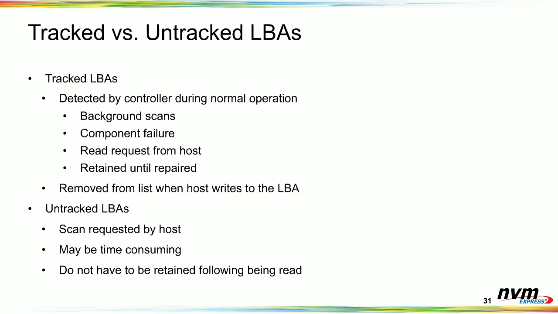A read request from the host can go and read a logical block, and you get an error when you attempt to read it. That can generate a detected bad logical block. These tracked logical blocks are retained until they are repaired. And what does it mean to repair them? It means they're removed when the host writes to that LBA. Again, when you write to it, it gets stored to a different physical block.